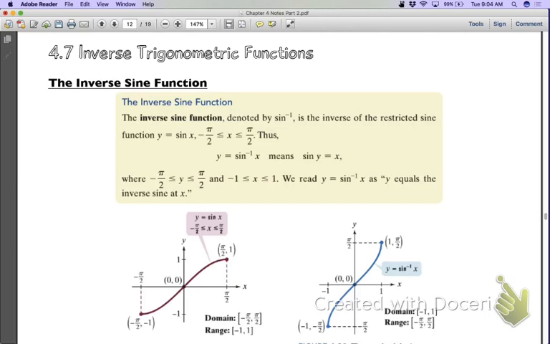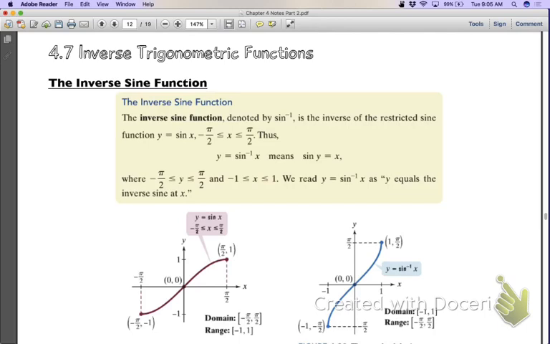But if it asks for an exact value, basically you're dealing with either pi over 6, pi over 4, pi over 3, pi over 2, or 0, according to where that value falls.